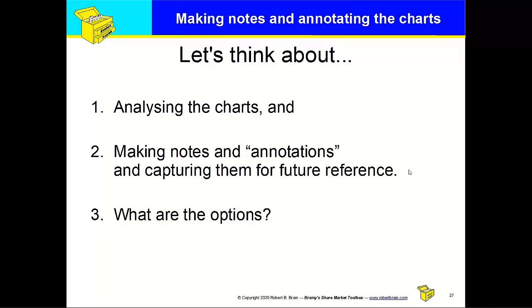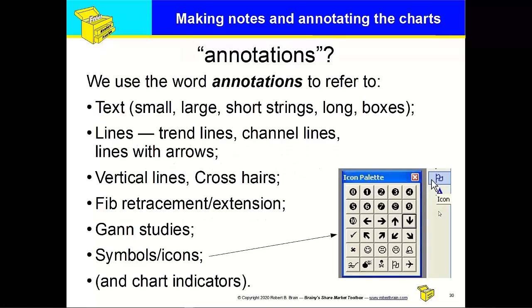Okay, let's now think about analysing the charts and making notes and annotations on the chart the way you'd like to do, and the three different options for capturing them for future reference. So what are the options? When I talk about annotations, for some of you it might be fairly obvious, but I use the word annotations to refer to any and all of these sorts of things.